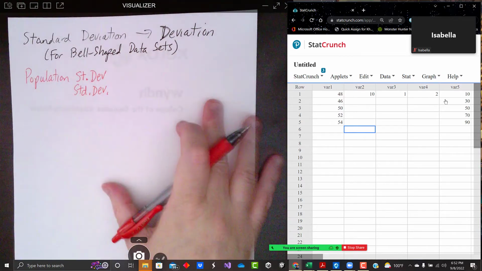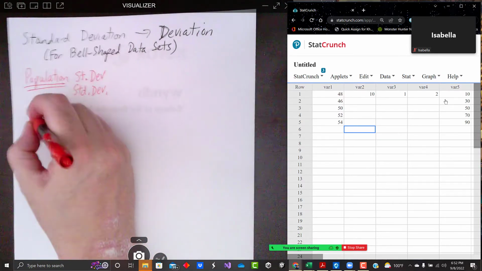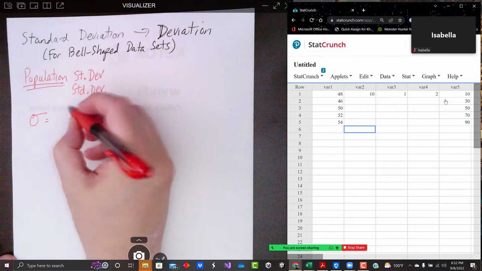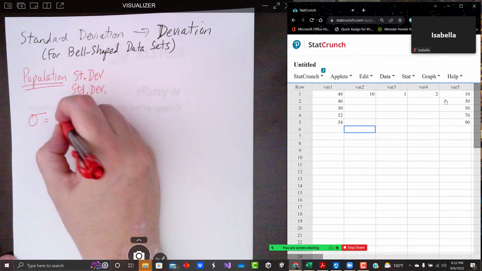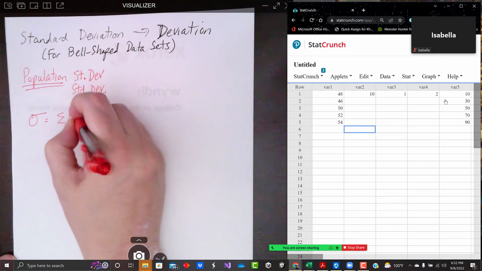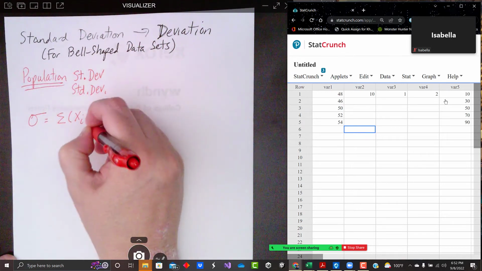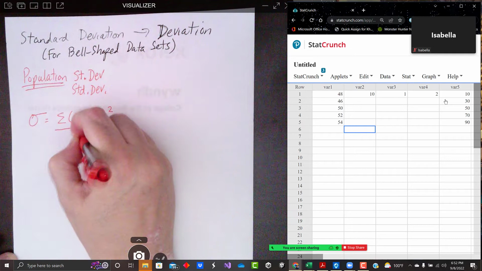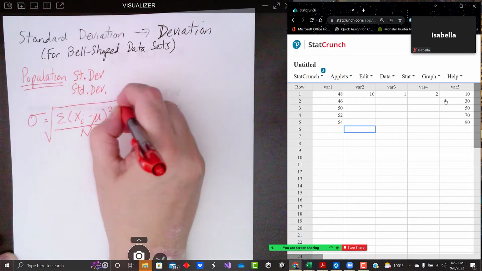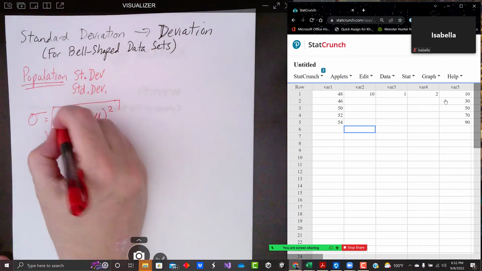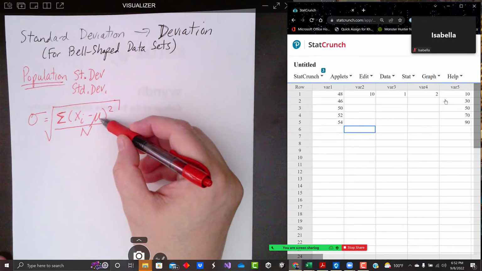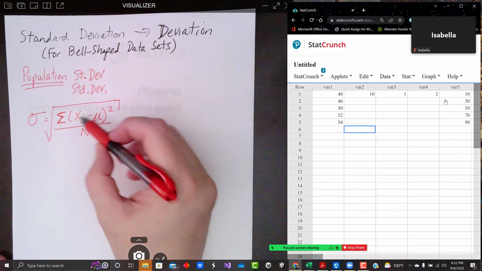The symbol we use for the population's version is sigma, the lowercase one. And it's got a nasty formula. And if you do this by hand, you deserve to agonize over it. So what you do is you find the mean, and then for each value, you calculate the difference.